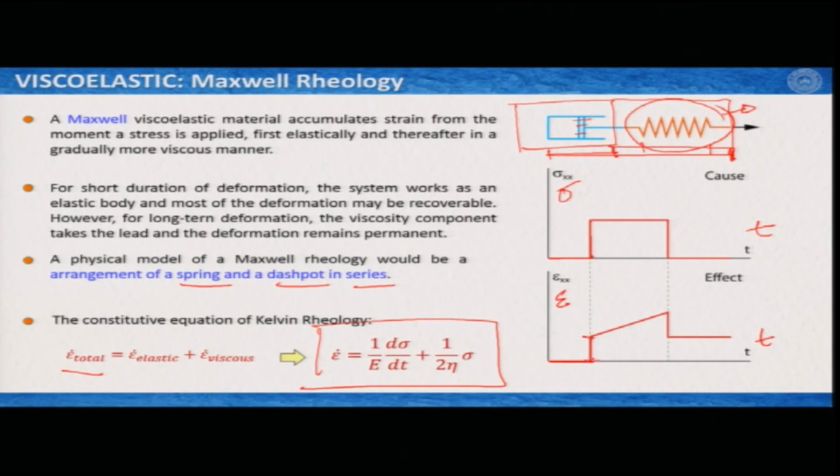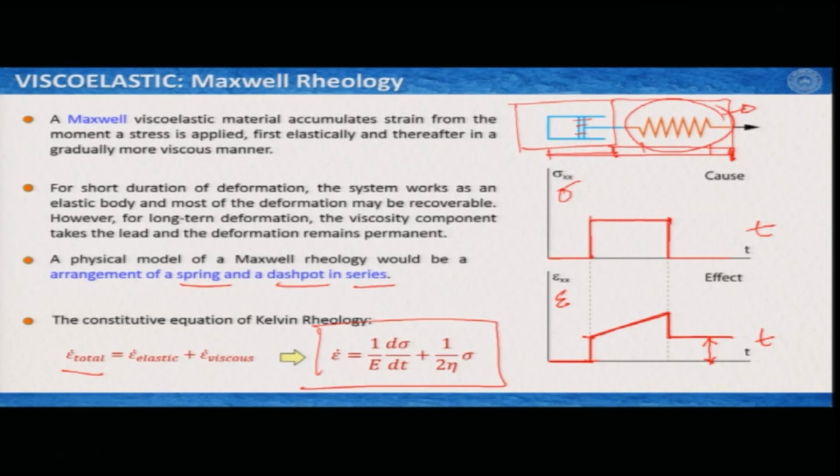Then I keep the stress for quite a long time, so the viscous strain increases slowly. When I release the stress instantaneously, the elastic part is released, but the viscous strain stays and does not come back to its original position. Again this happens very slowly, however in a linear manner.